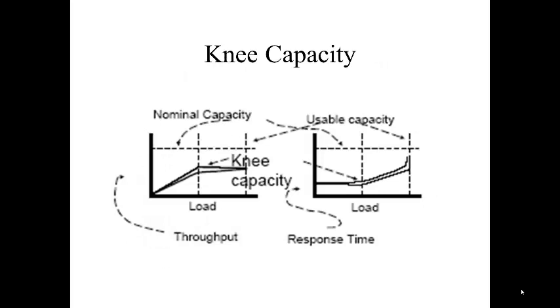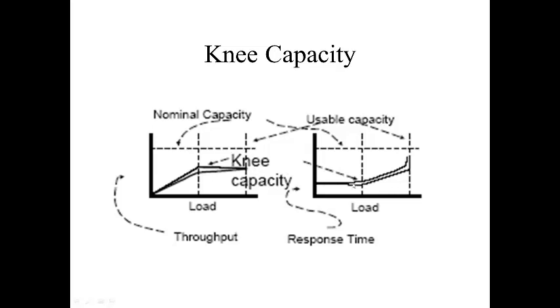And another thing you want to look at is something called knee capacity, and this is the point at which the system begins to slow down in terms of response time and its throughput. And you will have both a knee capacity for throughput and one for response time. So with the throughput, you'll see there's a point here where the knee is located where it's not going to get any more throughput, and in fact you can see the throughput decreasing.